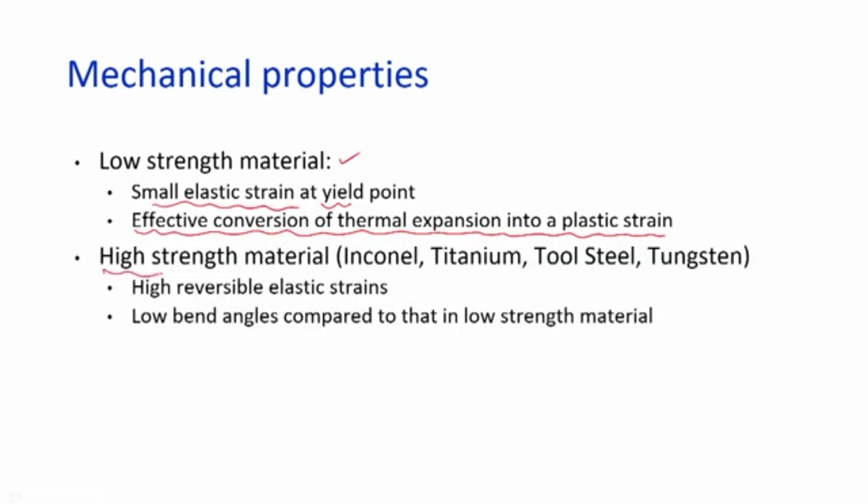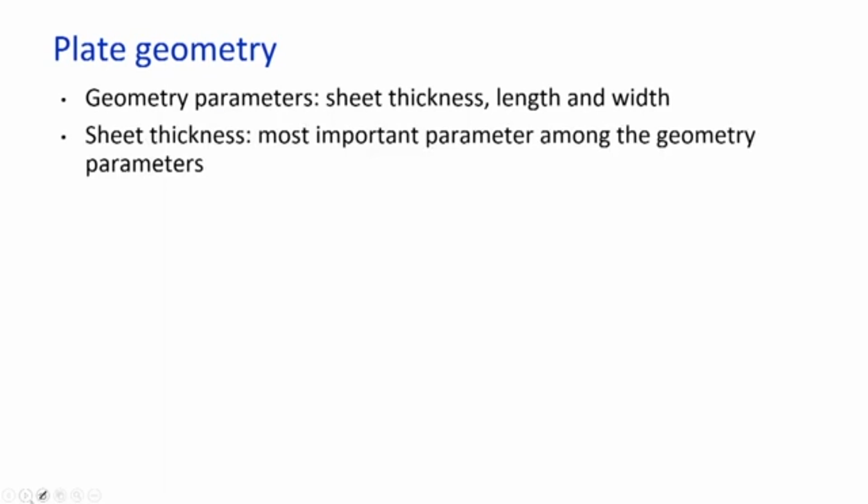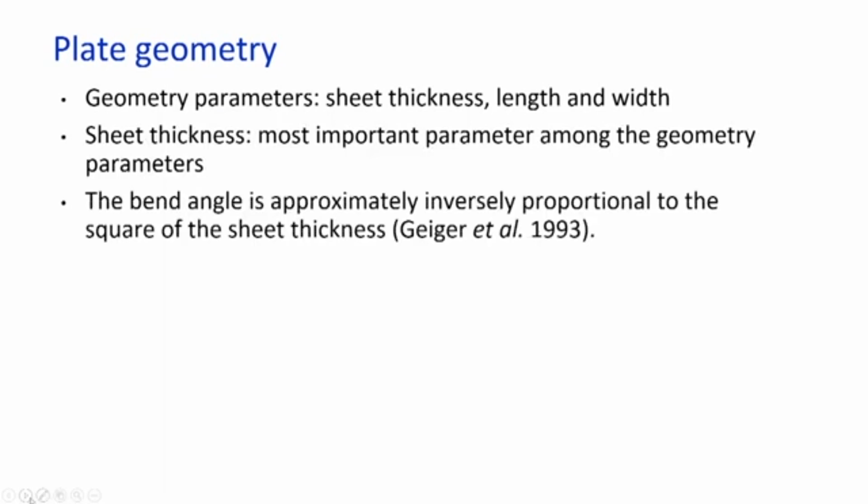High strength materials such as Inconel, titanium, tool steel and tungsten have high reversible elastic strains, and we can certainly notice low bend angles during the processing of these materials by using lasers. The next parameter is the geometry of the specimen that we use during laser bending.